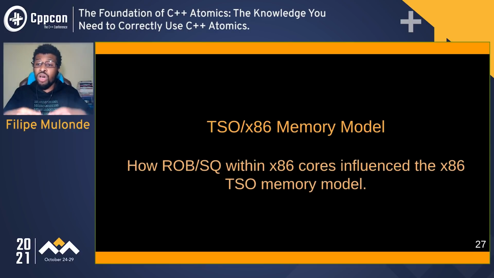The memory models of some architectures were influenced by this buffer and another mechanism inside of the microarchitecture. But the x86 total store memory model was influenced only by this buffer. So in the rest of this talk, I will be covering how this buffer, that's also called reorder buffer or store queue, within the x86 core influenced the x86 total store memory model.